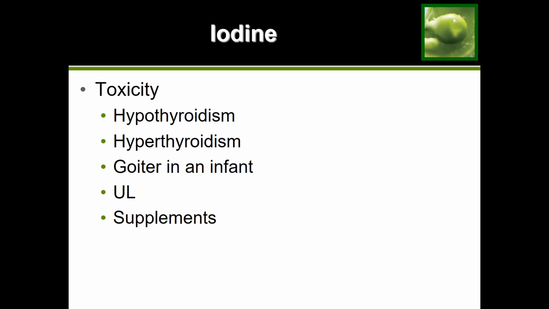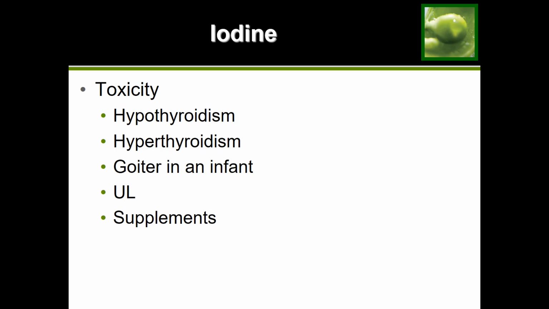Another thing that will happen is either hypothyroid or hyperthyroid. Hypothyroid is usually what comes with deficiencies because the thyroid isn't able to function properly. It's functioning at a lower rate since you don't have enough iodine to make the hormones.